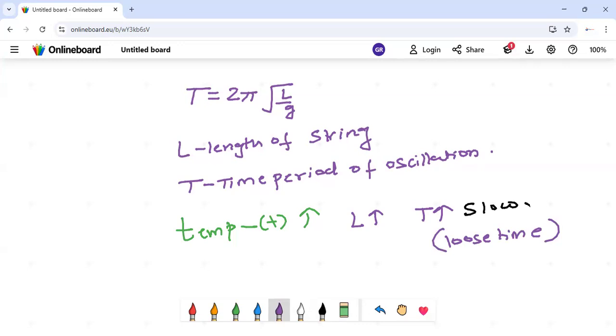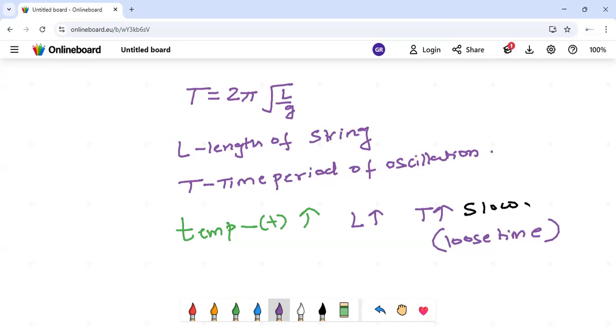Suppose you have calibrated your pendulum for 20 degree. At 20 degree, one oscillation takes 1 second, so in 60 oscillations you will count 60 seconds. Now suppose you use the same pendulum at 40 degree.